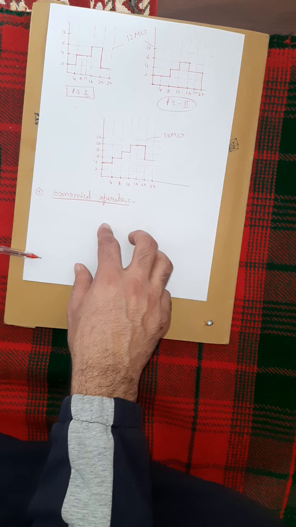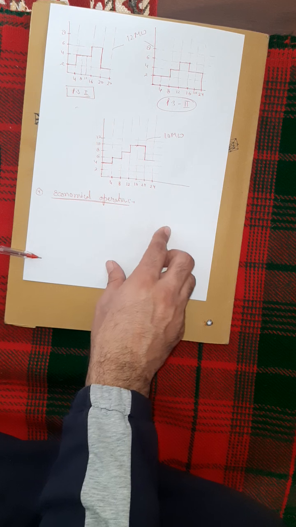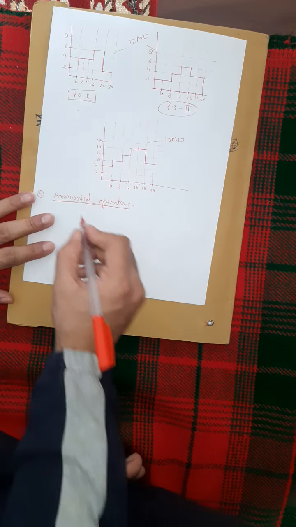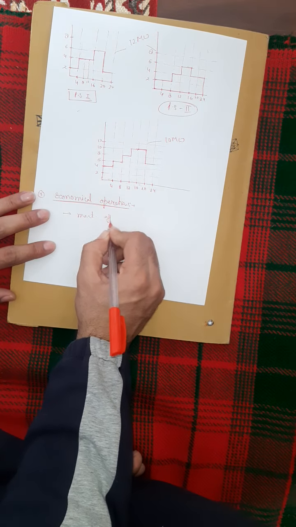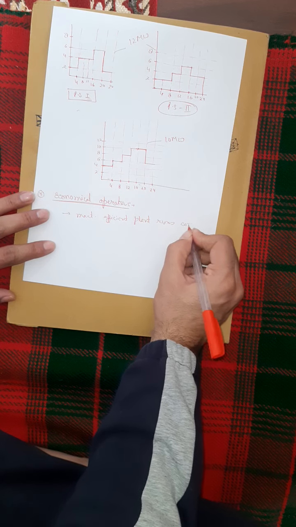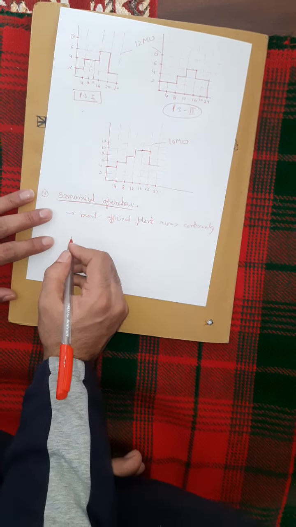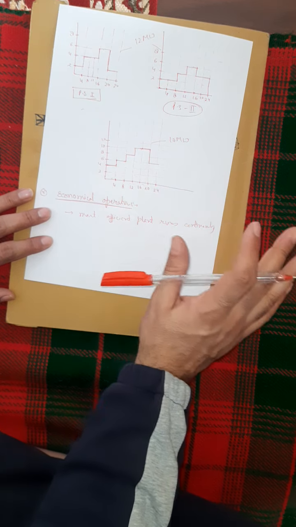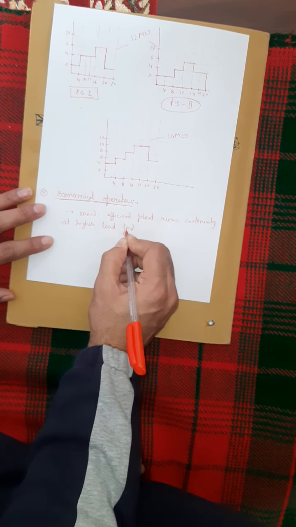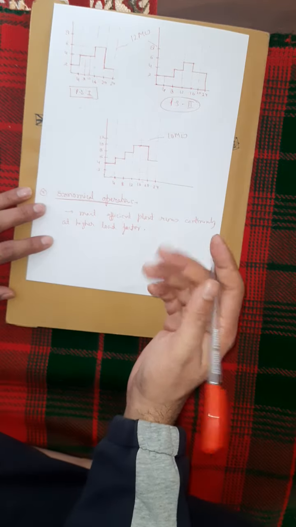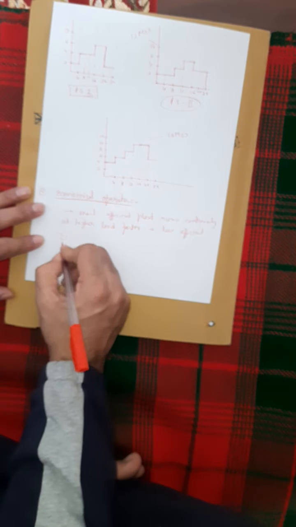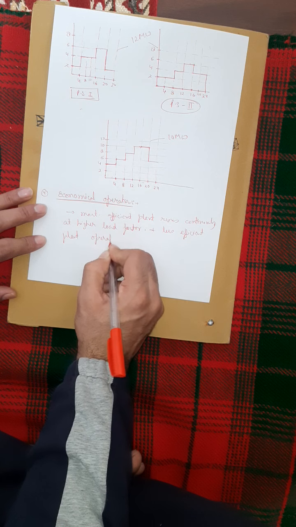Economy is achieved by sharing the load demand among the interconnected power stations in such a manner that the most efficient plant runs continuously, throughout the year at higher load factor, and the less efficient plant operates for peak load only.